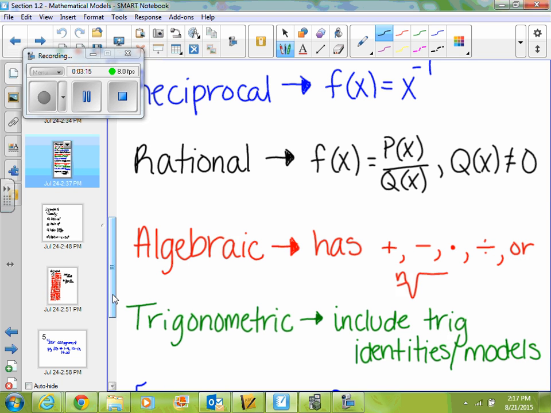An algebraic function is anything that has a plus sign, a minus sign, a multiplication sign, a division sign, or a root sign in it. A trigonometric function is just a function that includes any of your trig identities or models that you have, like sine, cosine, tangent. Any of those would be trig functions.